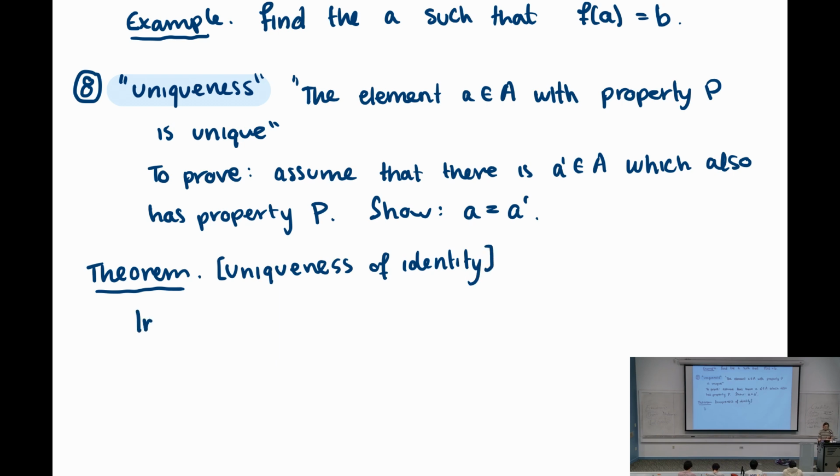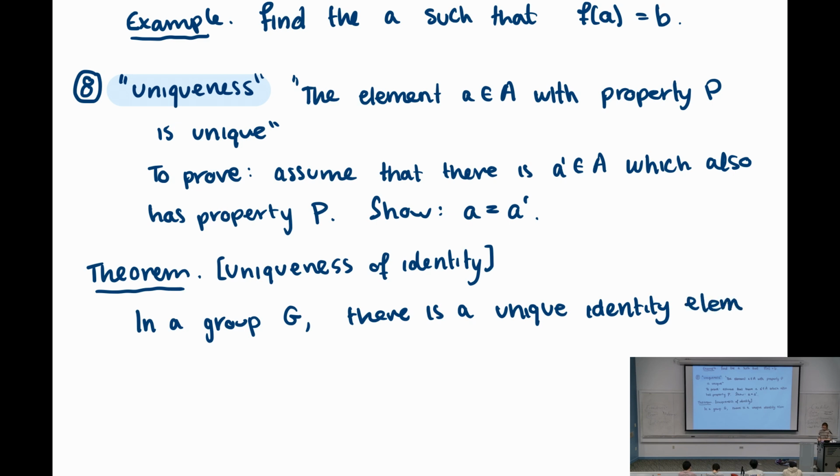This says in a group G, there is a unique identity element. I'm going to give you a few minutes to think about and discuss how to prove this statement, and then we'll go through the proof together.